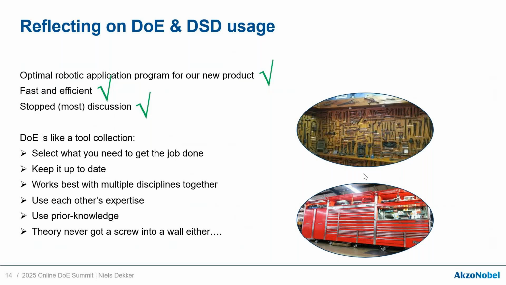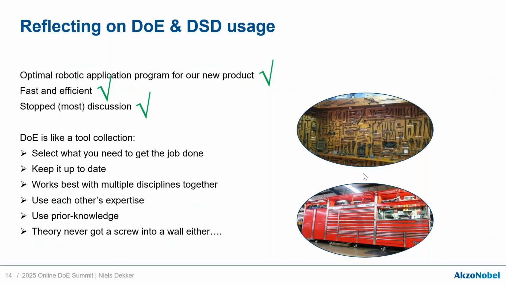So from DOE knowledge, but also from previous output of DOEs. Because in this case, the fact that we knew how color and application were relating to each other already for other products, the DSD became an option, because otherwise we would have had to go for the larger design or reduce factors, of course.